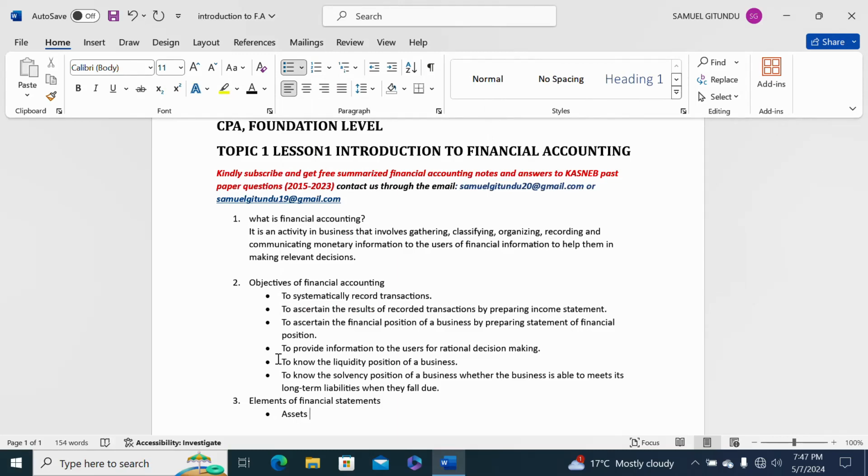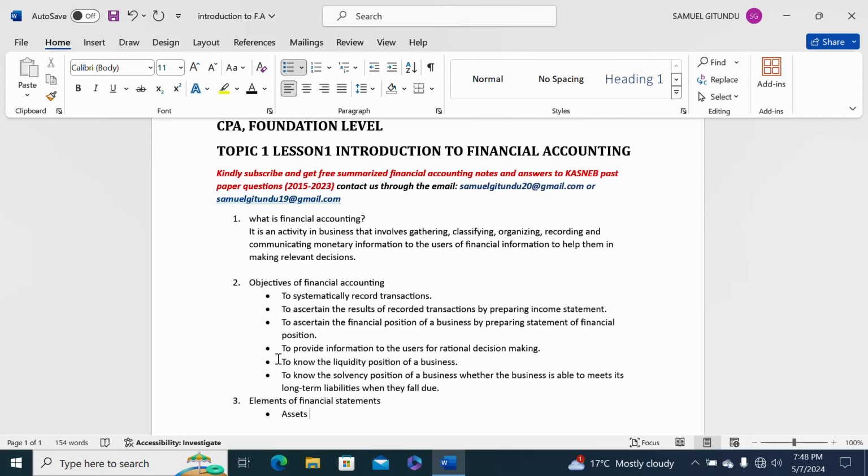And what are assets? Assets are valuable resources owned or controlled by a business for future economic benefit.